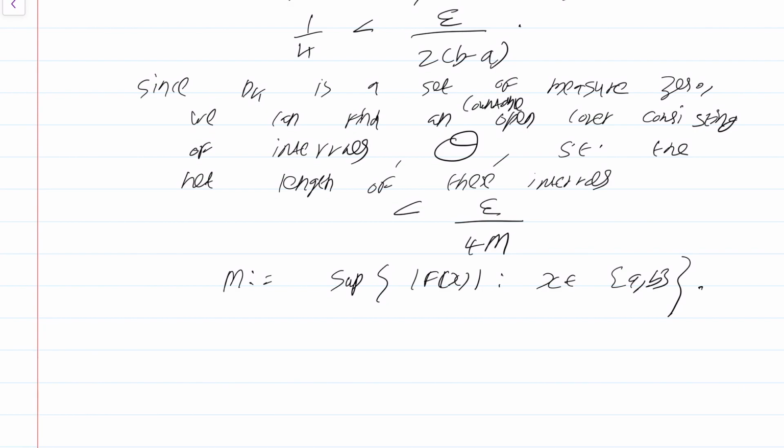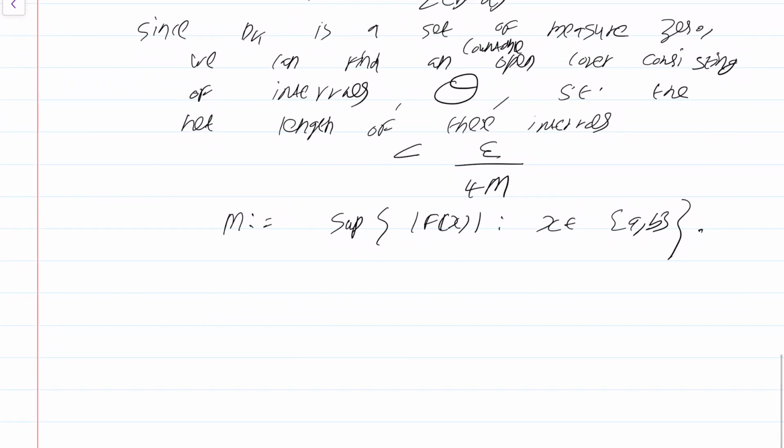Okay, now here comes the crux of the proof. What we are going to do now is we are going to control the behavior of the function away from the set D_k by using continuity. The way we are doing this is the following.